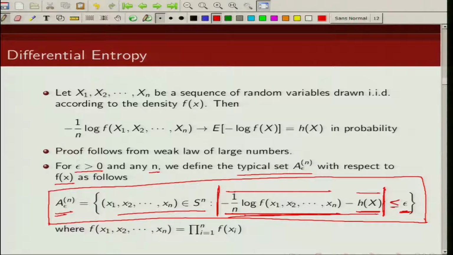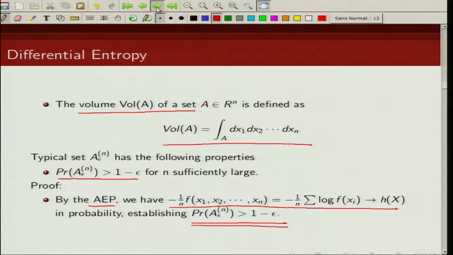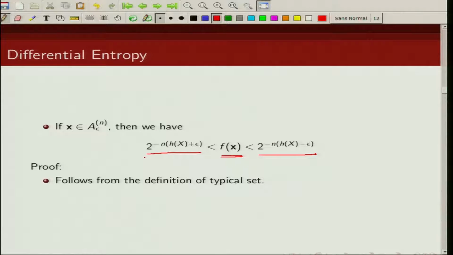So depending on whether this term is greater or this term is greater, because we are taking the absolute difference, we will get either this inequality or this inequality. Again, the proof is very similar to the proofs we have done many times before, so I am just skipping the details of the proof.